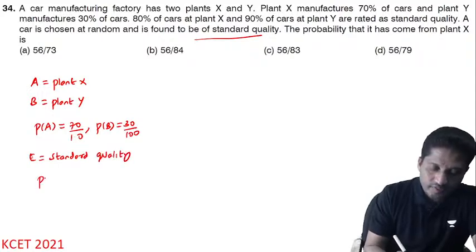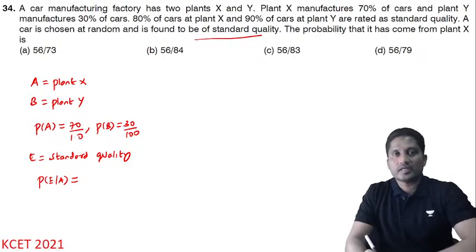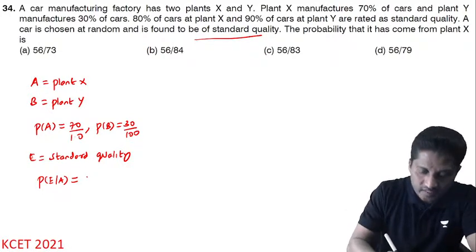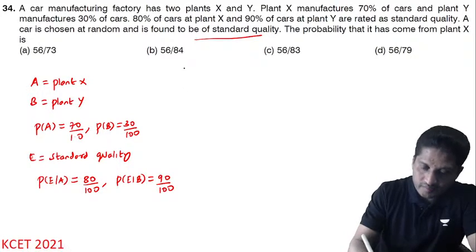Now probability of E given A, probability of choosing a standard quality given that it is produced by plant X is 80 by 100, and probability of E given B is equal to 90 by 100.